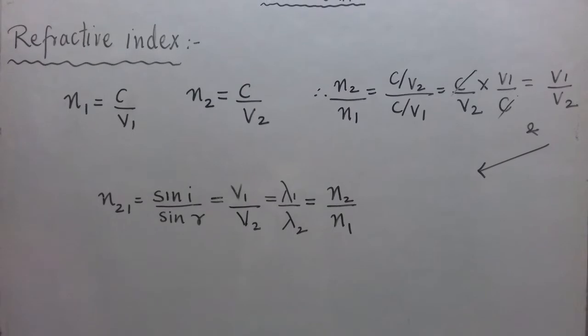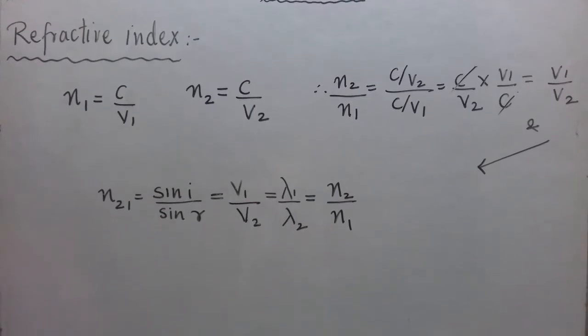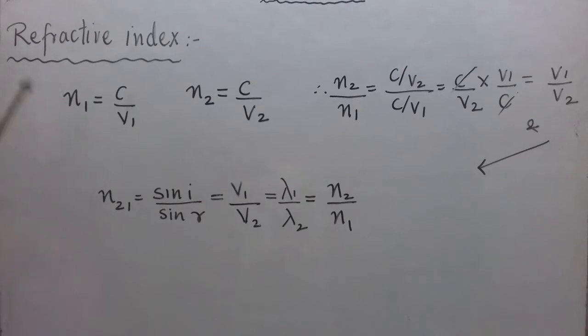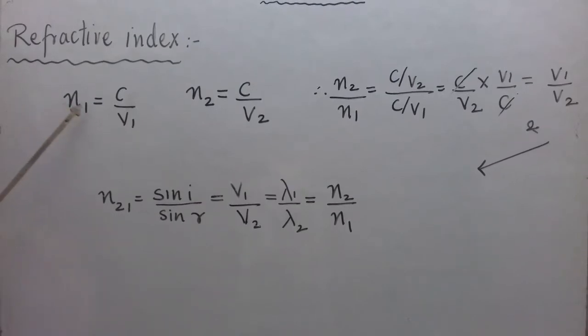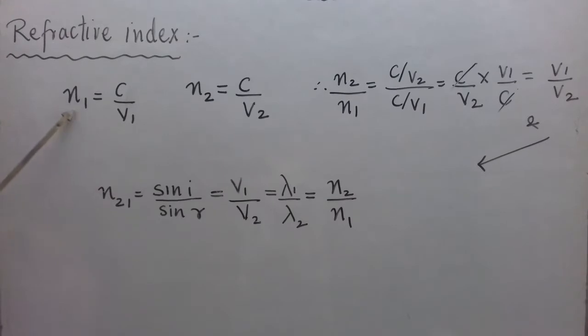Now let us consider two different media and just call them medium 1 and medium 2. It's not first or second medium, but two different media, medium 1 and medium 2. Then the refractive index of medium 1 can be written as c upon v1, where c is the speed of light in air or vacuum, divided by v1, and v1 is the speed of light in medium 1.